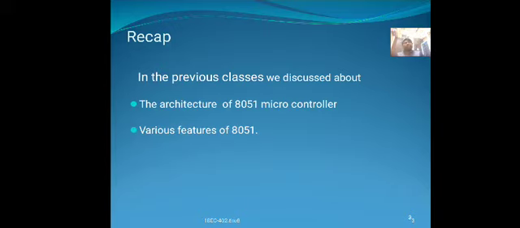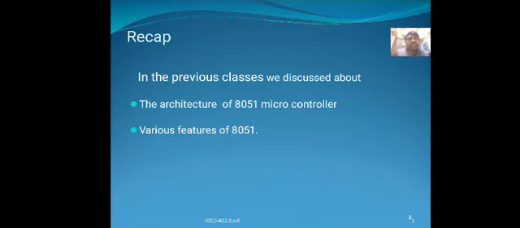In this class we are going to explain the instruction format. We also discussed simple definitions: what is a bit, a byte, a nibble, a word, what is assembly language, and what is machine language. Some discussion was completed in the earlier classes.